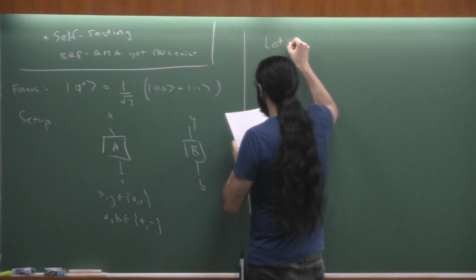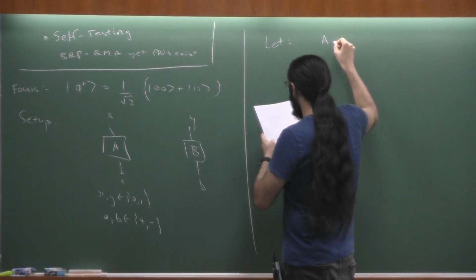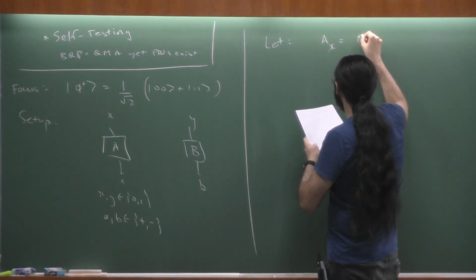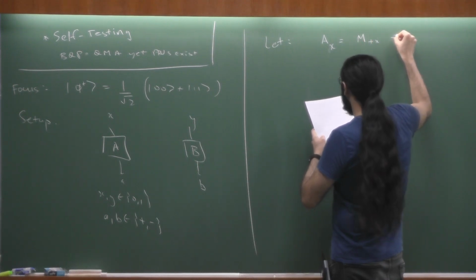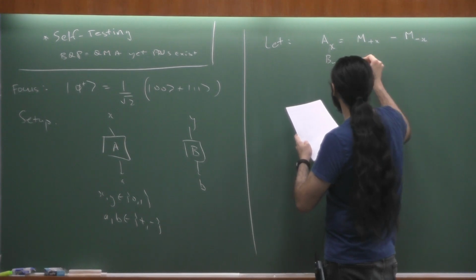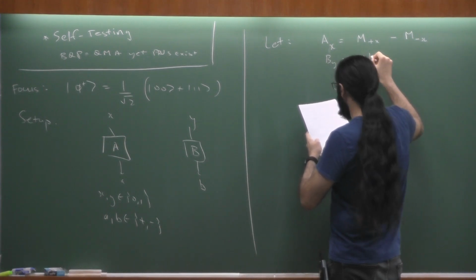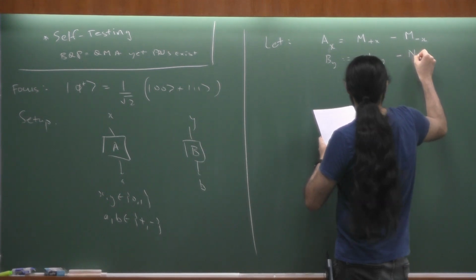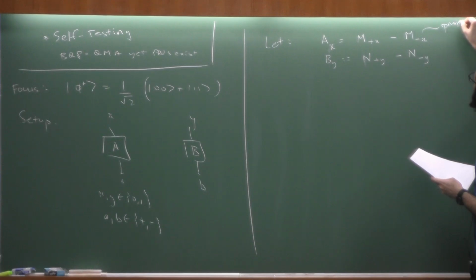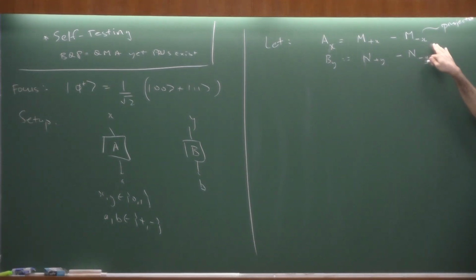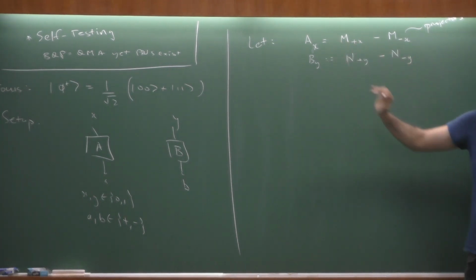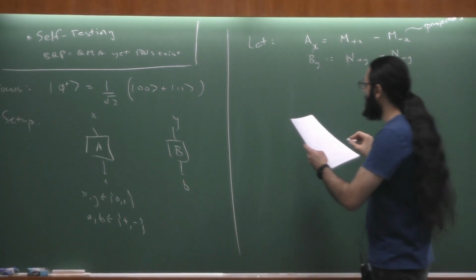Suppose that the measurement that Alice performs is given by the following: A_X is M_plus|X minus M_minus|X, and B_Y is Bob's measurement, given by N_plus|Y minus N_minus|Y. These guys are projectors. Given the question X, the projectors are for the outcomes minus and plus. So nothing very deep yet.